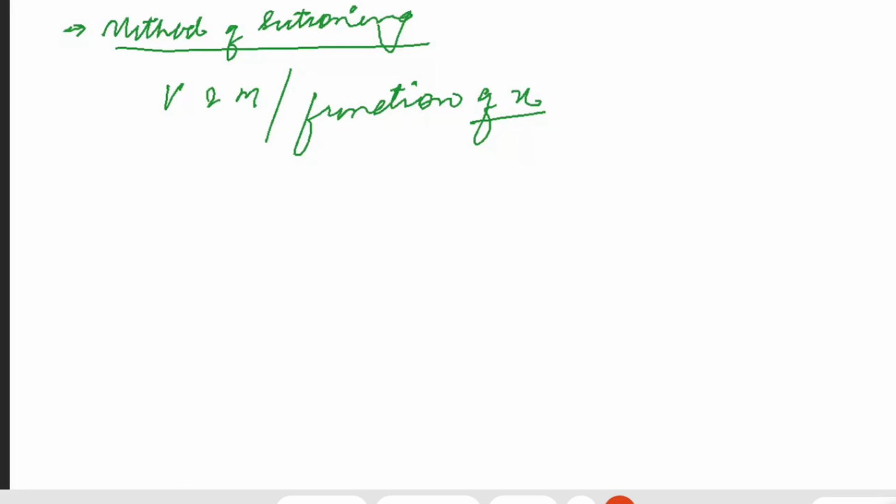Because of all these loads, there will be discontinuous shear force and bending moment diagrams. And these functions must be determined for each segment of the beam located between any two points. Let me show you with the help of an example.